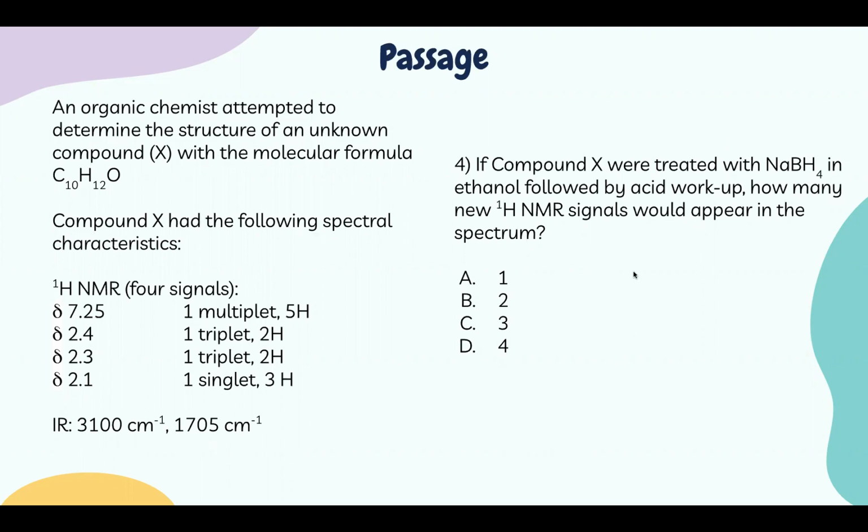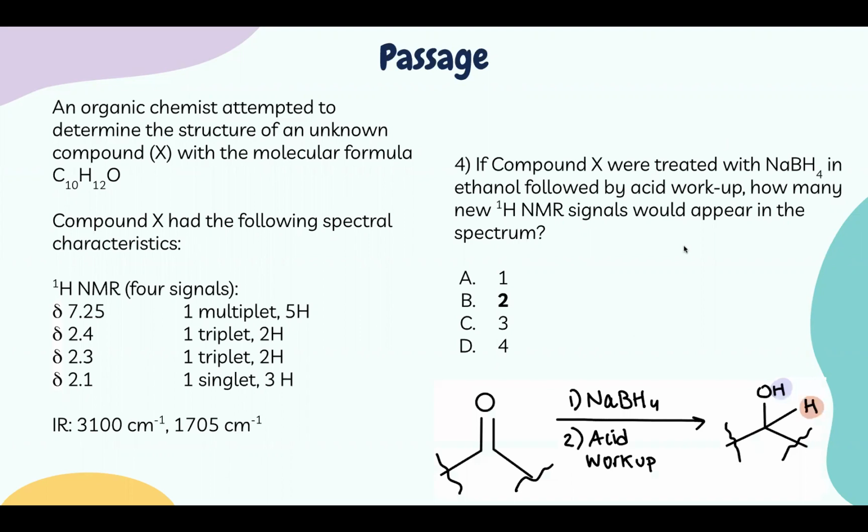So if we treat the molecule with NaBH4 followed by acidic workup, we would get an alcohol. So this new compound now has two new proton resonances, one for the hydrogen in the alcohol group and one that is now attached to the carbon that's also attached to the alcohol group. Does that make sense?